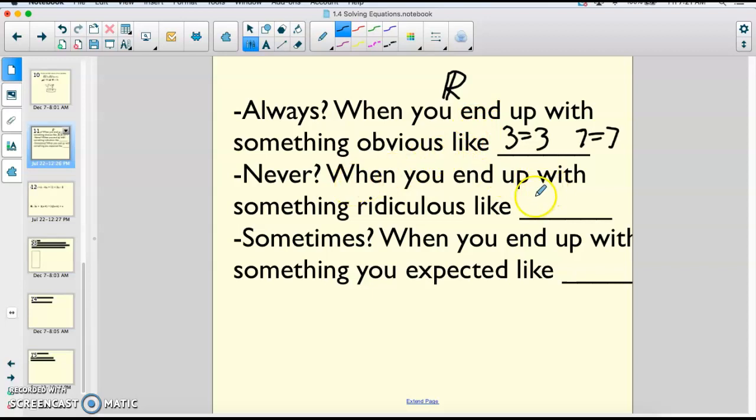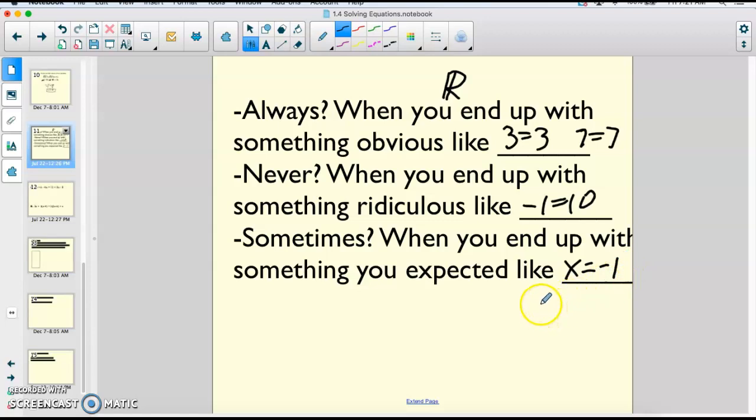Now, if you end up with something ridiculous like, let's say, negative 1 equals 10, well, that's never true, right? No number you come up with is going to make that equation work. Now, sometimes the number you pick will work when you end up with something you expected, such as x equals negative 1, right?